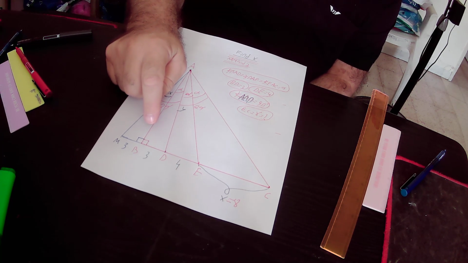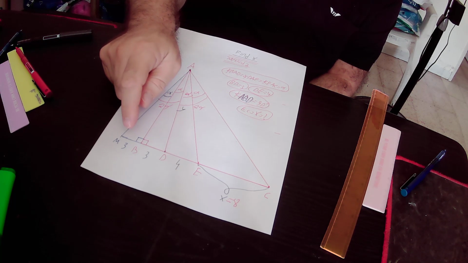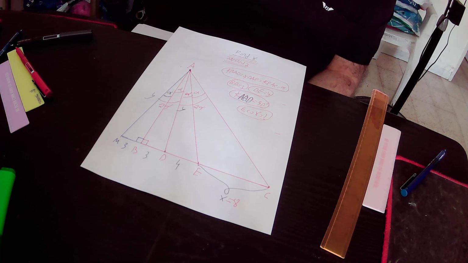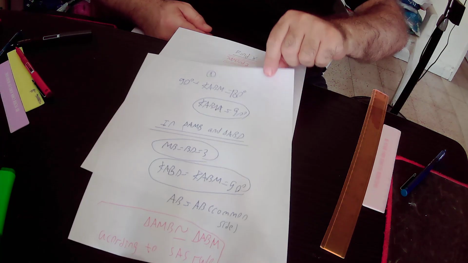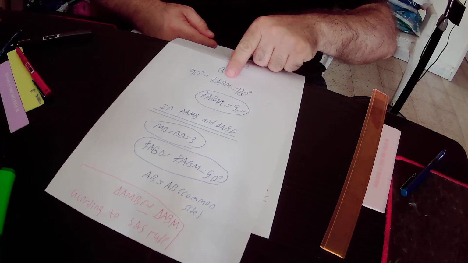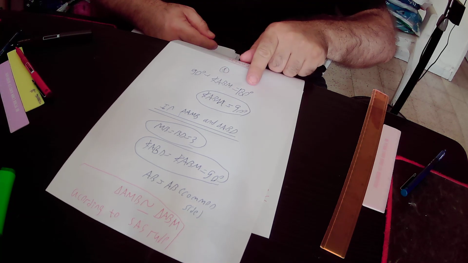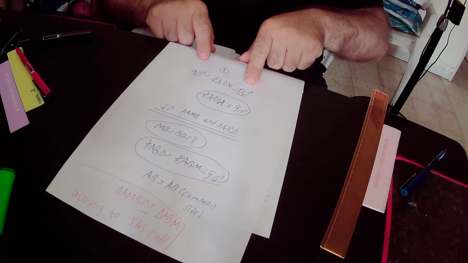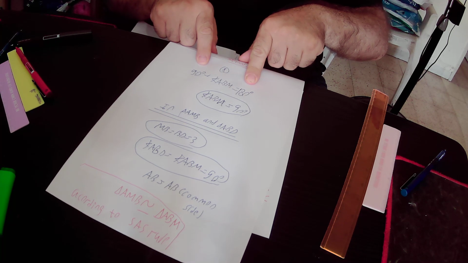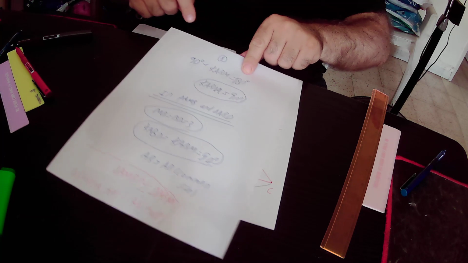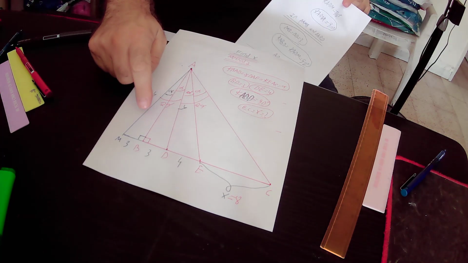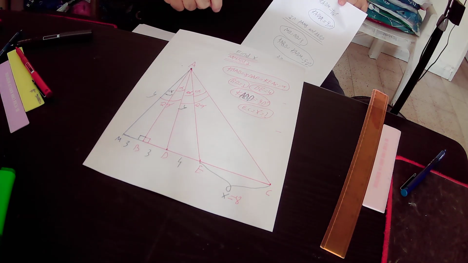So at point B, we have 90 degrees plus the size of this angle equal to 180 degrees. Okay, so 90 degrees plus the size of angle ABM must be equal to 180 degrees. Here we subtracted 90 degrees from this equality, and we got that the size of angle ABM is 90 degrees. So this angle ABM equals 90 degrees.